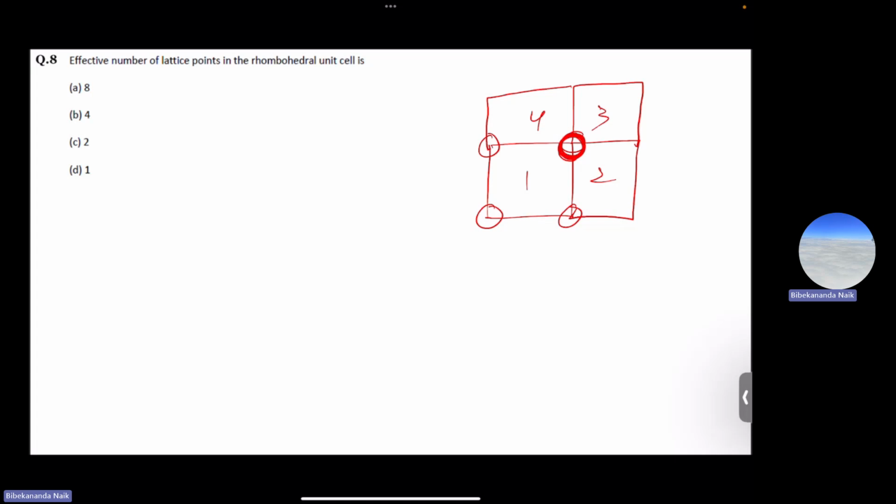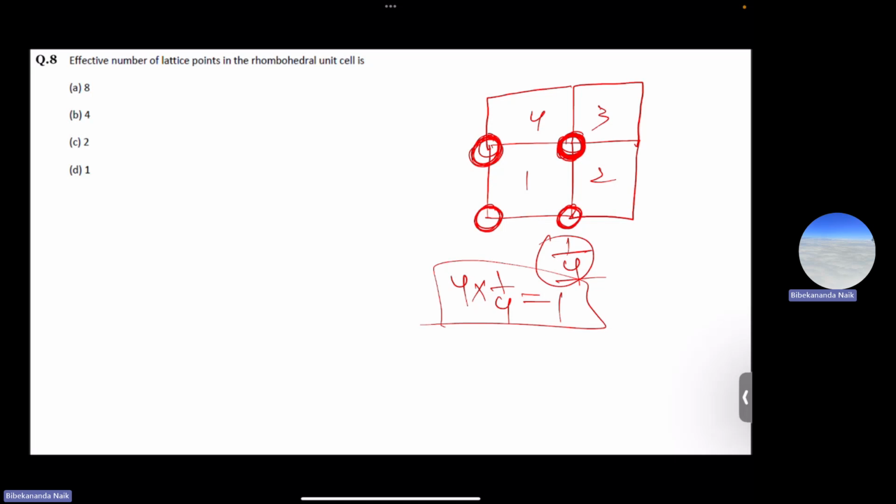So the contribution of each atom to each lattice is 1 by 4. Since there are four atoms at four corners, the effective number of atoms per unit cell will be 4 into 1 by 4, that is 1. Similarly, in three dimensions, each atom at the corner will be shared by four structures.